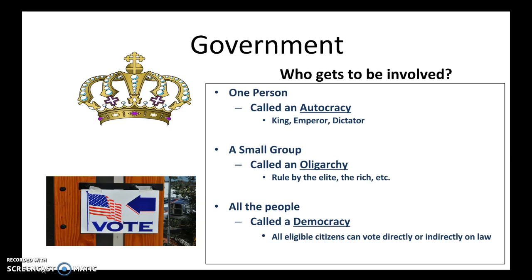Another option is to have a small group of people making the rules and the decisions for the government. This system is called oligarchy. You might have all of the rich people involved in a country making the rules and the government. And of course that means that if you're not rich, you're not involved in making any government decisions. The other important example is democracy.